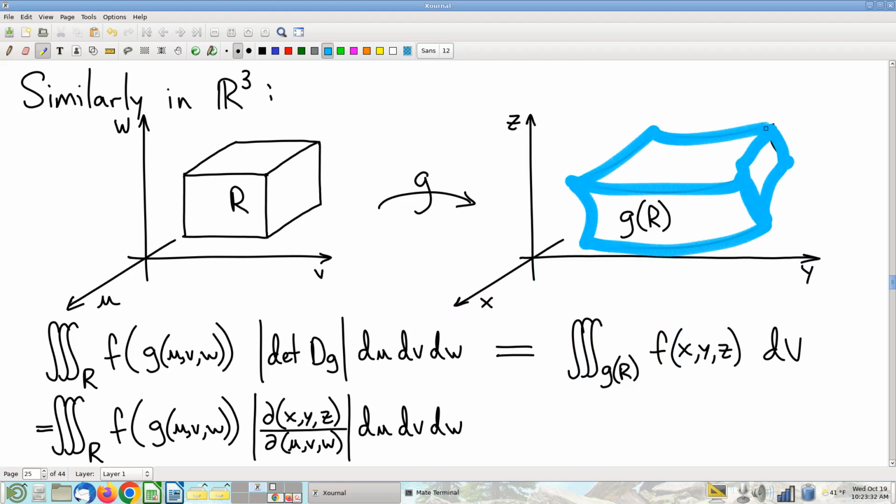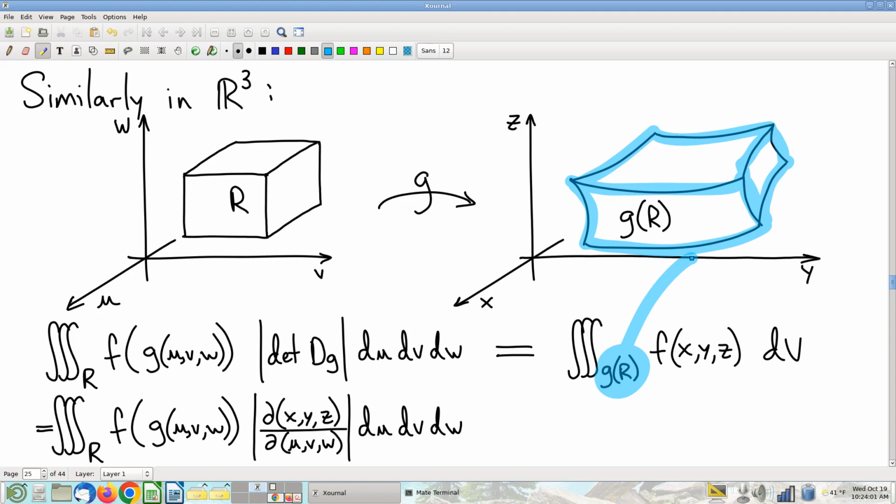Can you imagine trying to slice that thing up? If this is your domain for a triple integral, we are badly in need of an alternative means of computing this, because slicing this up is a nightmare, not only because of how many pieces it would have, but also because it'd be so hard to even try to visualize and draw what those pieces are. So basically intractable the way I have it drawn there.